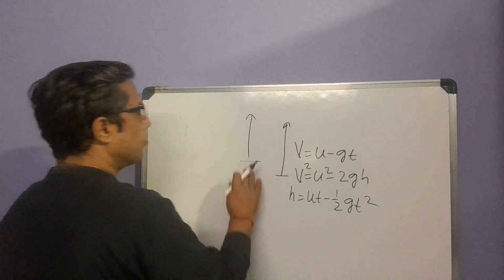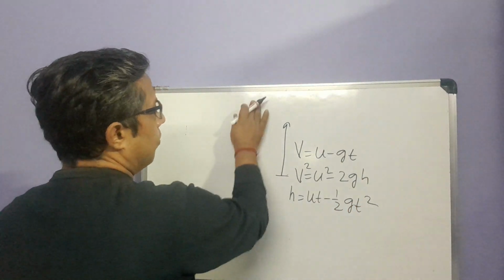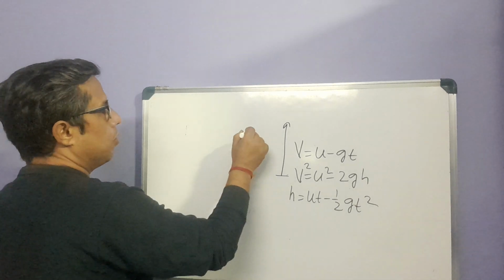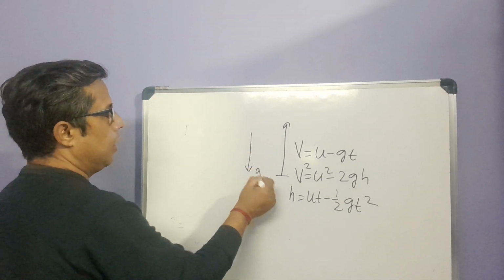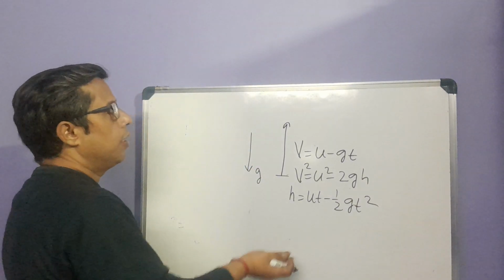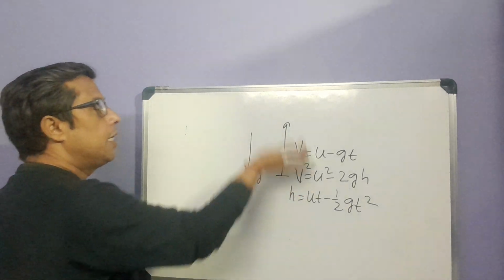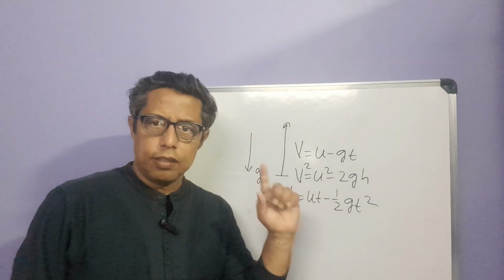This is for upward motion, because g is actually acting downward. So whenever you are going upward, it is in retarding motion in the upward direction.